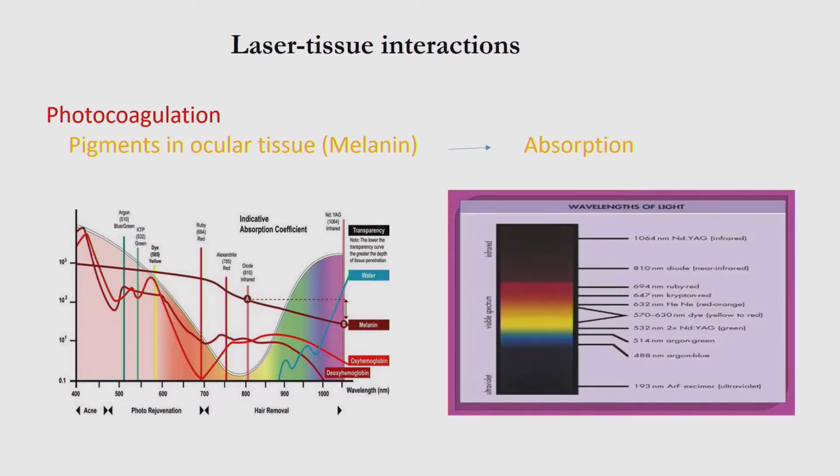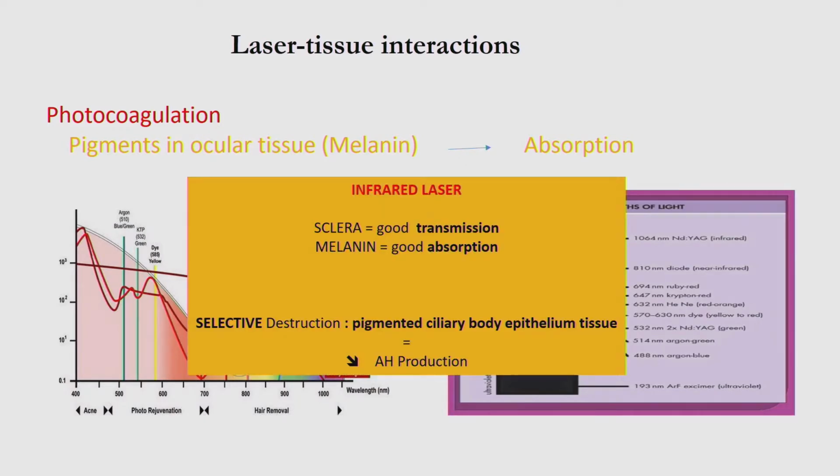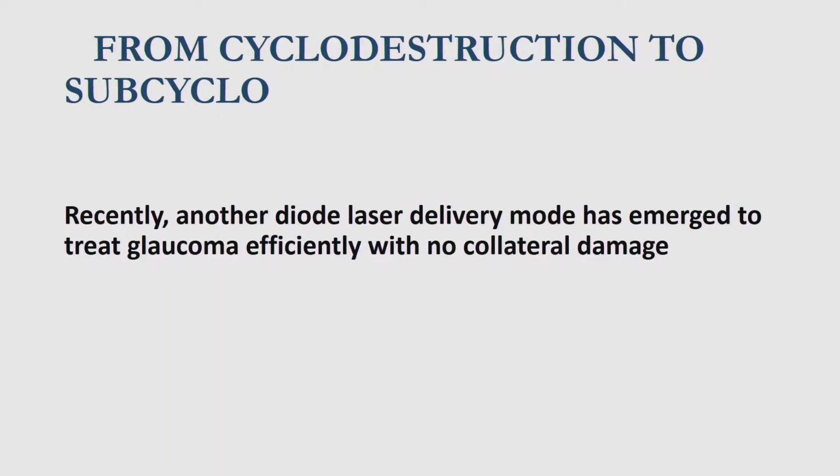This laser is effective thanks to its good transmission through the sclera and good melanin absorption. Recently, another DIODE laser delivery mode has emerged to treat glaucoma efficaciously, without collateral damage.